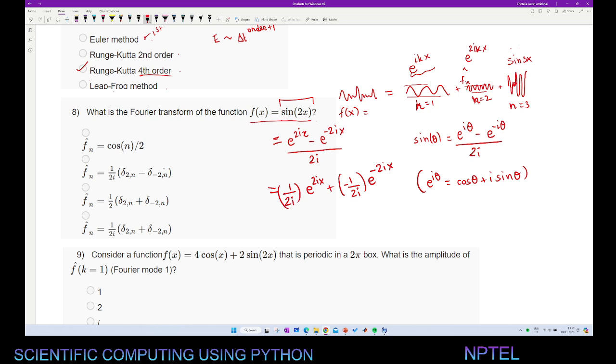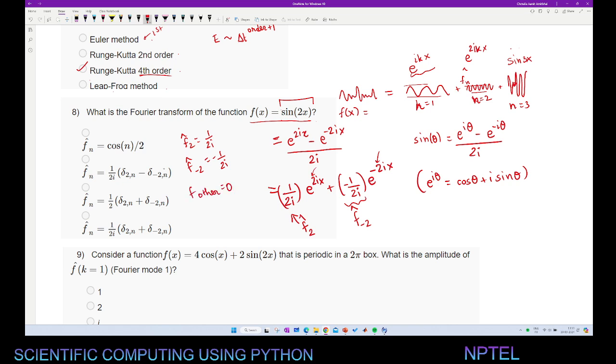Okay, so this is going to be your second mode, right? So f2. Why? Because there is 2 here. Similarly, this is minus 2. So this is going to be your f of minus 2. So what it means is that f2 is 1 by 2i. F minus 2 is minus 1 by 2i. F other is 0, right?